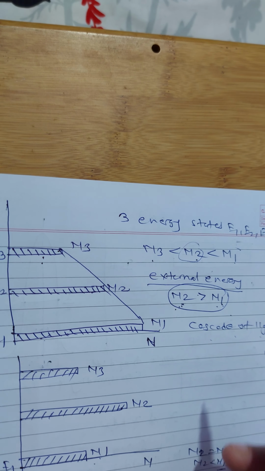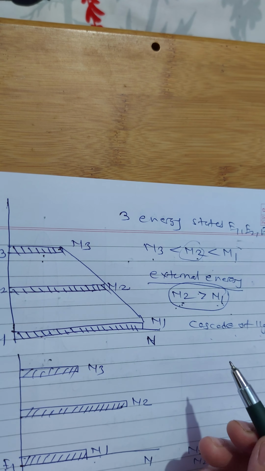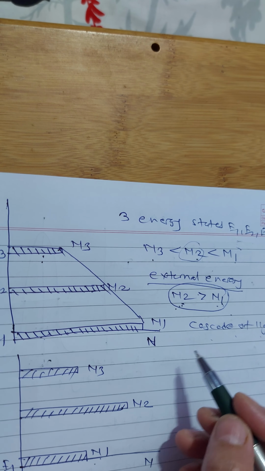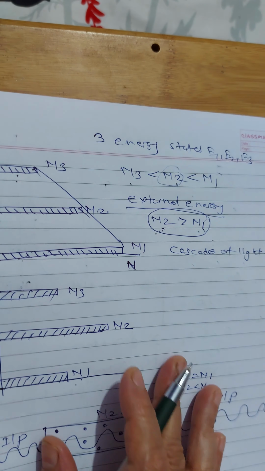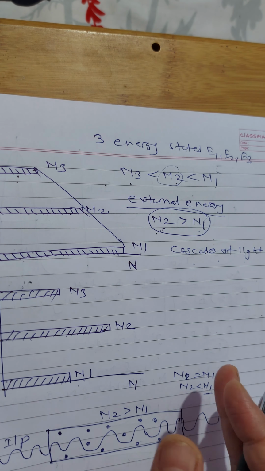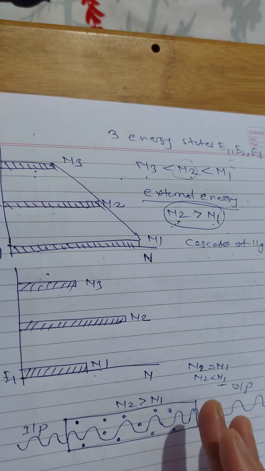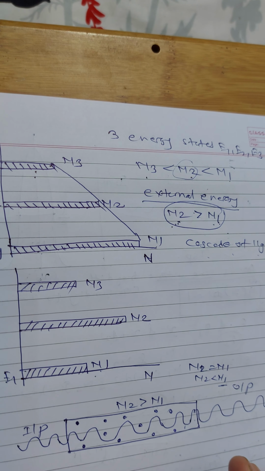And this will keep on repeating, the emission of more and more spontaneous photons, and you will be able to see the laser light out of the medium. Okay, so this is a very important term as far as population is concerned.